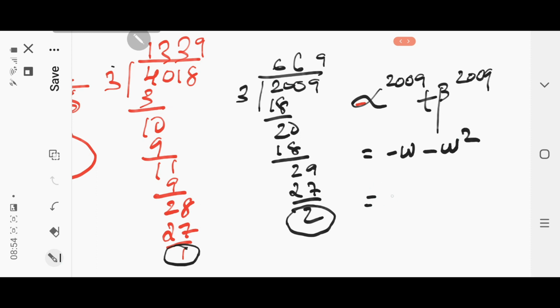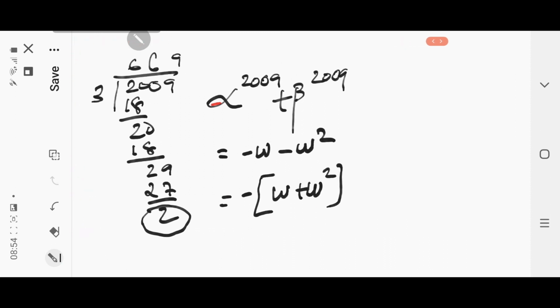So when you take the minus common, you can write omega plus omega square. As you already studied in the previous question on cube root of unity, 1 plus omega plus omega square, the sum of the cube roots of unity, is equal to 0.